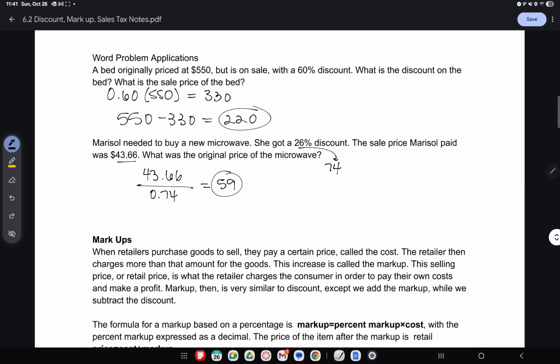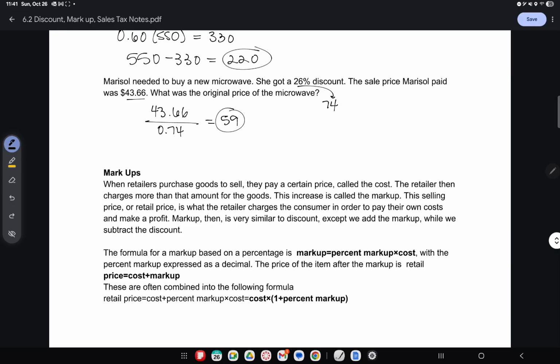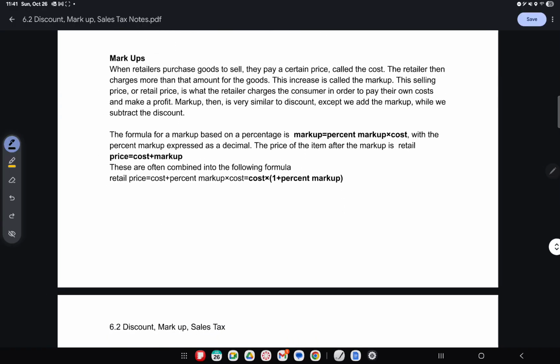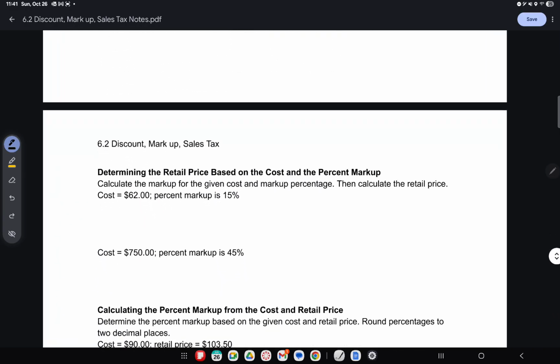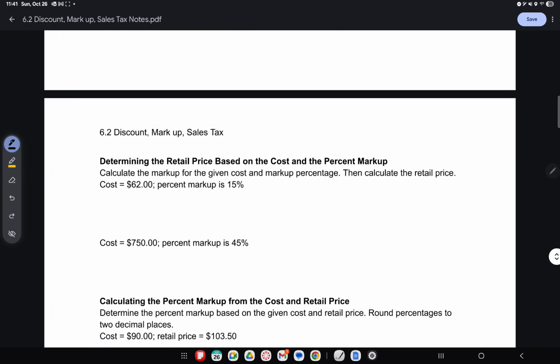And we'll go backwards a little bit. A markup is an increase in price. So instead of subtracting off, we will add. Okay? So we have, let's see, calculate the markup for the given cost and markup percentage, then calculate the retail price. So the cost is $62 and the markup is 15%.